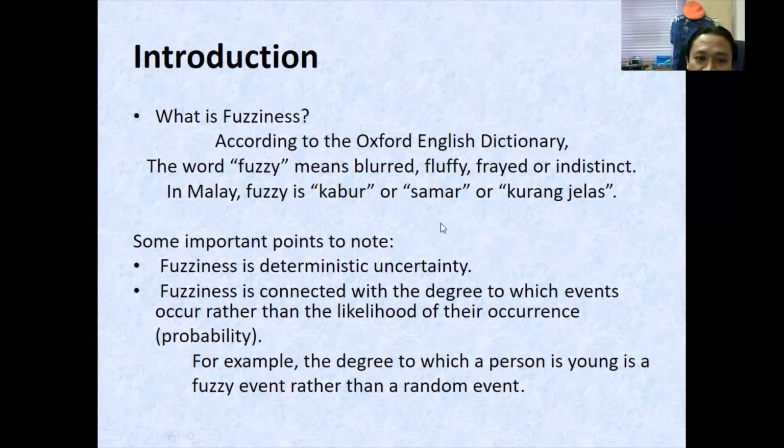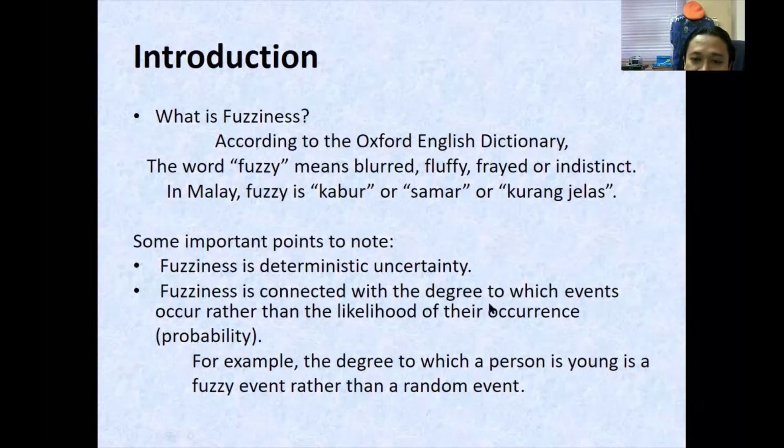Some important points to note: fuzziness is a deterministic uncertainty. The fuzziness is connected to the degree to which an event occurs, rather than the likelihood of the occurrence, similar to probability. For example, the degree to which a person is young is a fuzzy event rather than a random event.